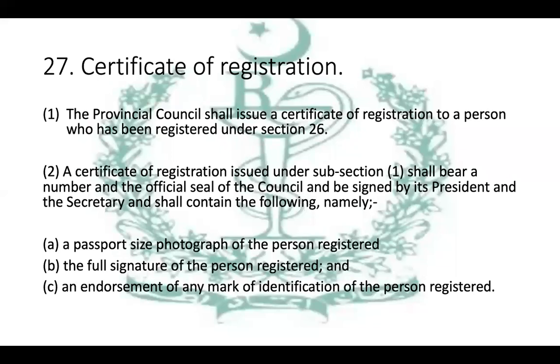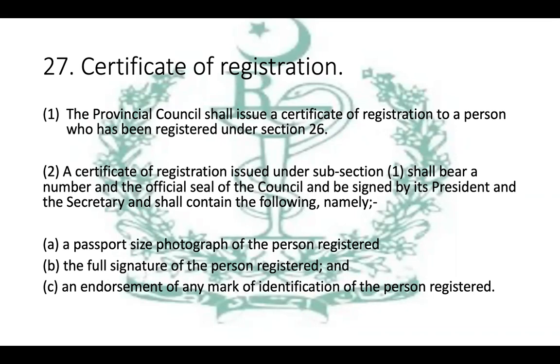When you fill in the form of registration, they take a snapshot of your signature and put it in your certificate, as you may have on your ID card, where your signature is also there. So first is your passport size photograph, second is the full signature of the person registered.